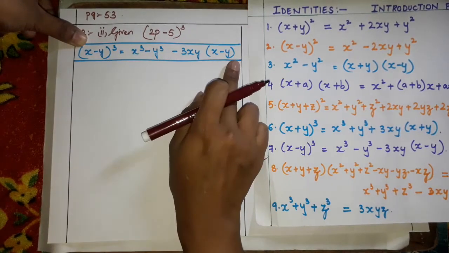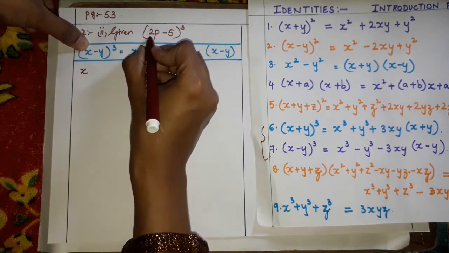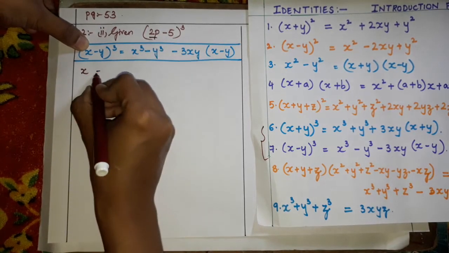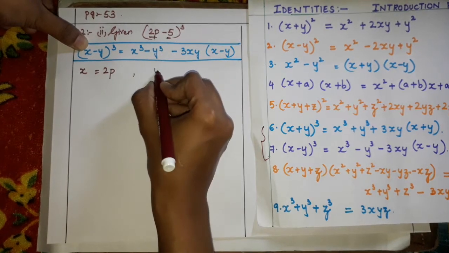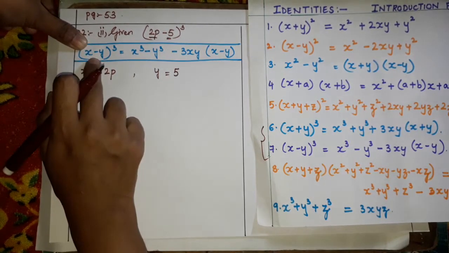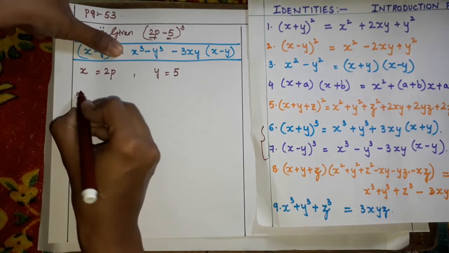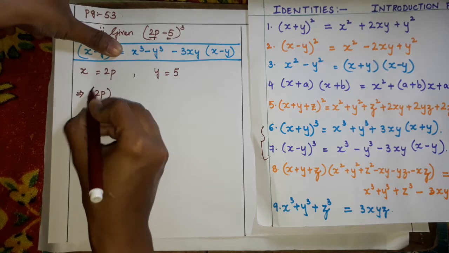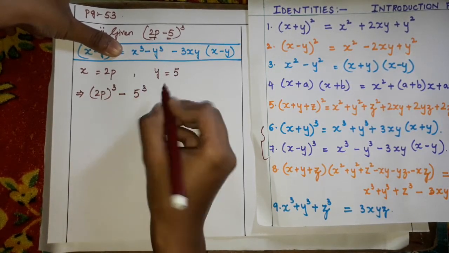So I have written the identity in the box. Now what is x? First one will be x, that is 2p. What is y? y is nothing but 5. They have given it in this form, we have to convert it into this form. So x cube is nothing but 2p whole cube, minus y cube means 5 cube.